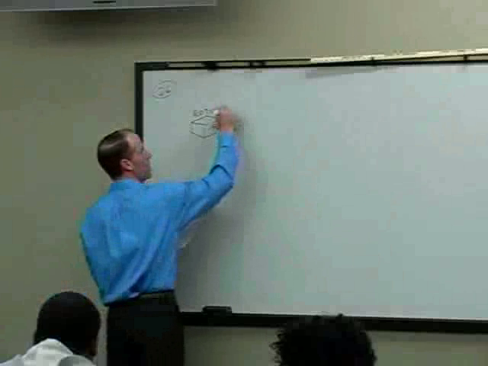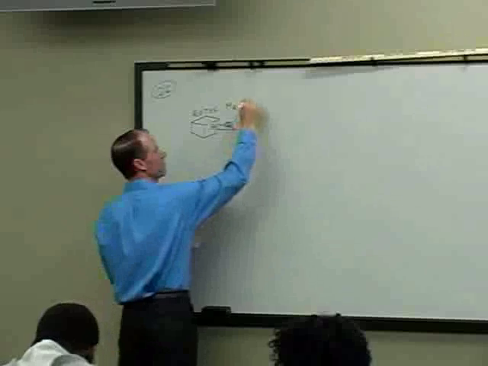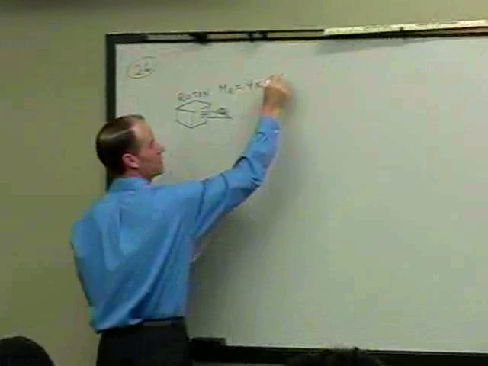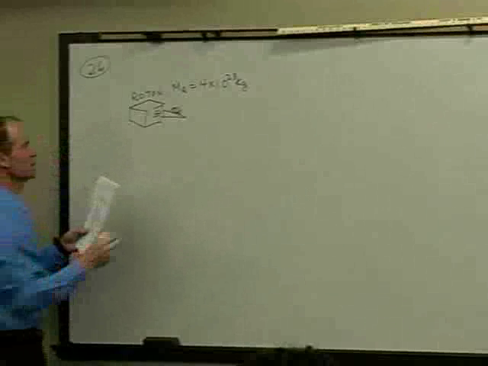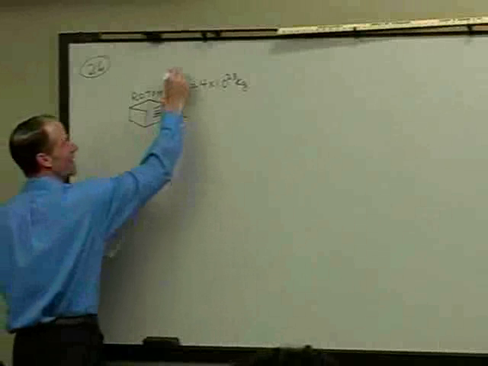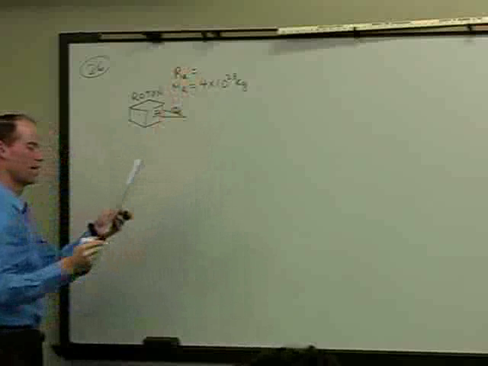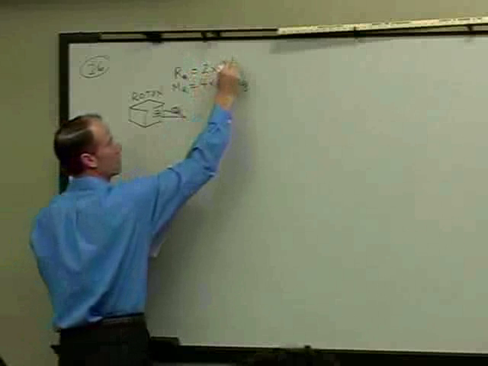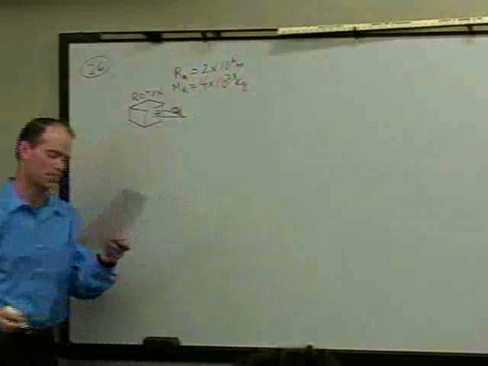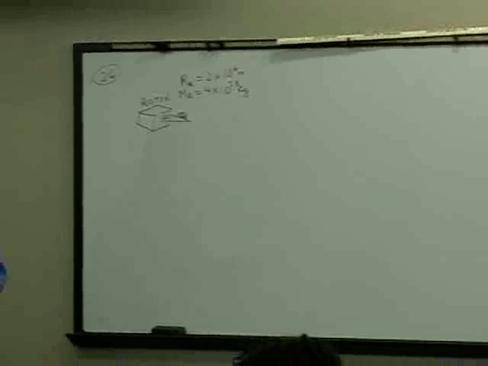The mass of Rotan is 4 times 10 to the 23 kilograms, and it has a radius of 2 times 10 to the 6 meters. So it's about 1/3, at least in radius size, the size of Earth.